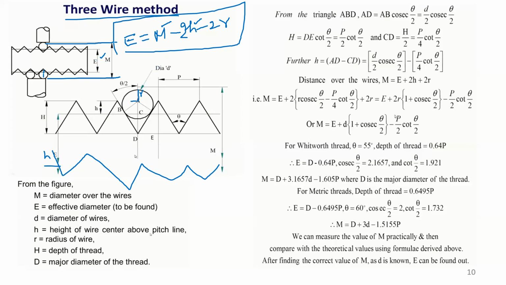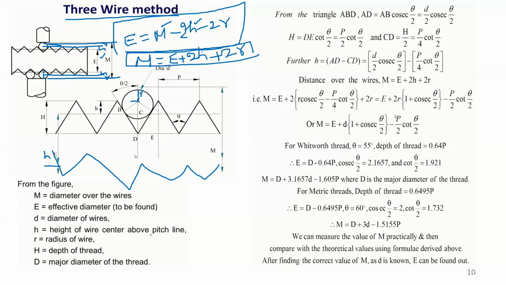Or M is equal to this E plus, up to this it is H, up to this it is H, and here we have the R. Similarly, here also we have the R. So capital M is equal to E plus 2H plus 2R. So by using this formula, we can evaluate the effective diameter.